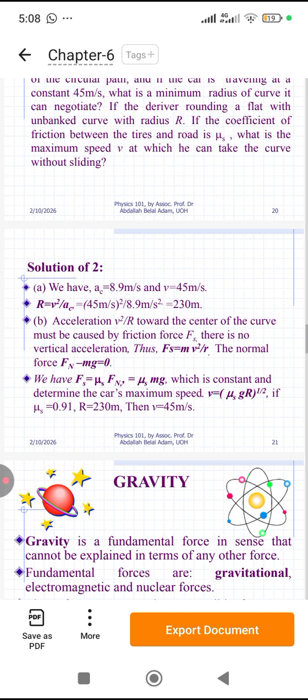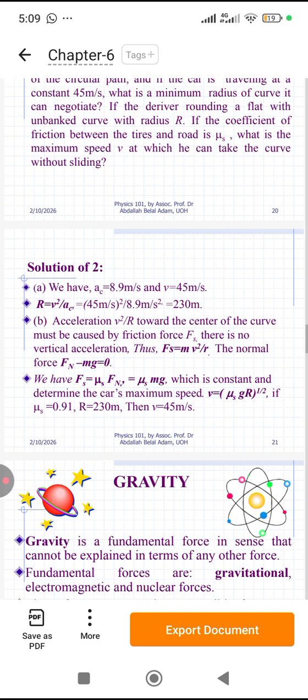For part A, we have centripetal acceleration equal to 8.9, so r equals v square over a_c, which gives about 230 meter. For part B, the acceleration toward the center of the curve must be caused by the friction force Fc. There is a centripetal acceleration, thus F_s equals m v square over r.